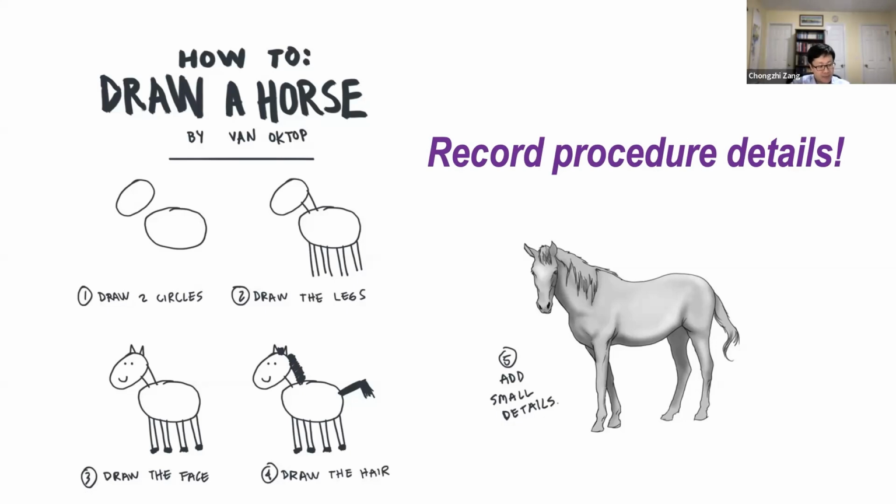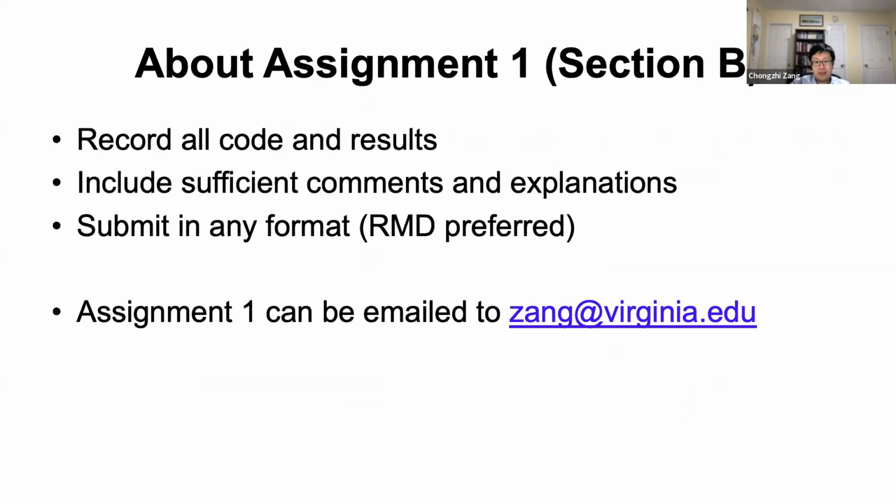Ideally, the expectation is that the readers or reviewers can repeat and reproduce all the results that you have. That should be the level of detail in the paper that we write. All right, I'll just end here.